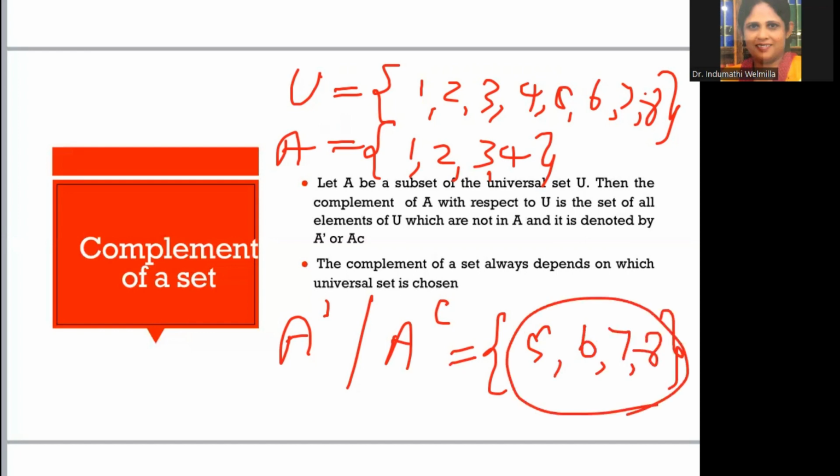Those elements we have taken from our universal set. That's why we say the complement of a set always depends on the universal set that we select, right?